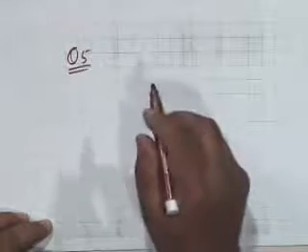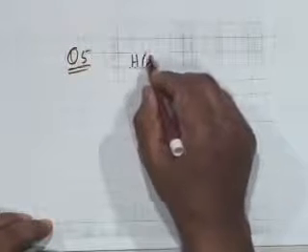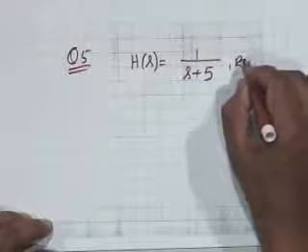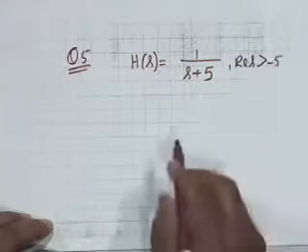The mistakes you made in question number 5, a very modest term for this mistake is Himalayan. Because capital X of S doesn't exist. And all of you transform x of t, almost all of you. There are exceptions. You see, question 5 says, find the response of the system with the transfer function H of S equal to 1 by S plus 5, real S greater than minus 5.